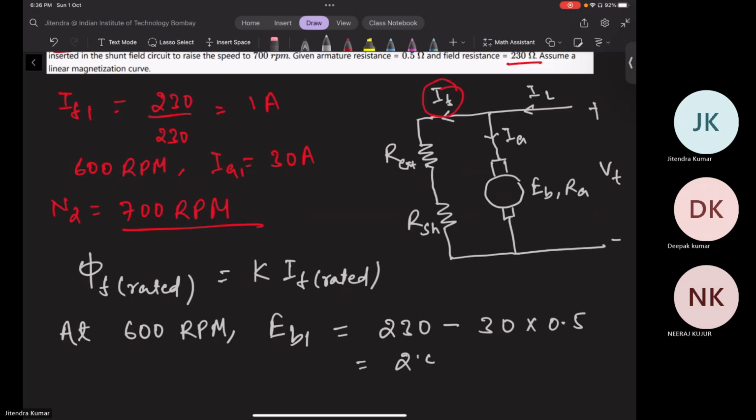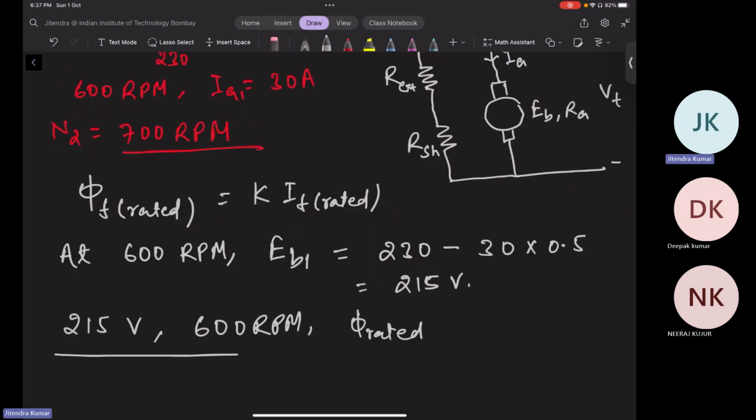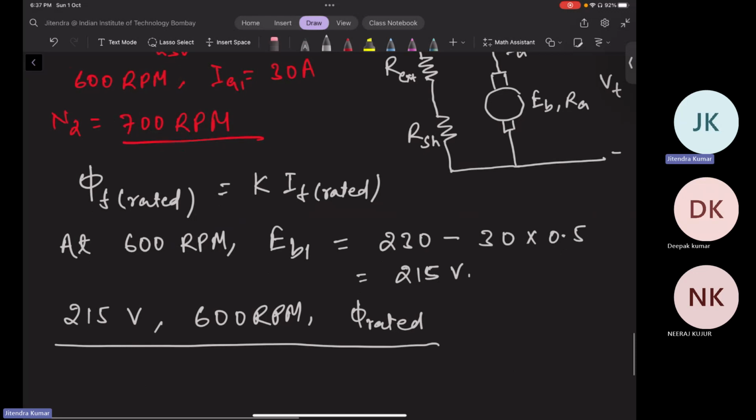Yes. So 215 volt. At 215 volt, the speed was 600 rpm. Flux was rated. Okay, this we have got the information.